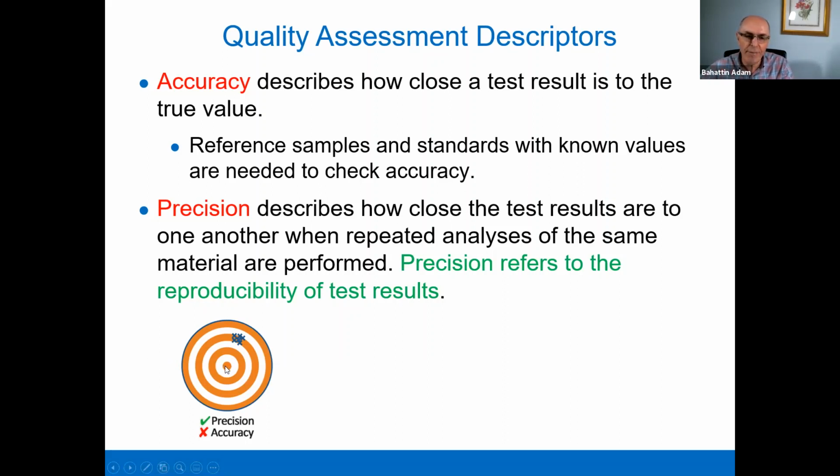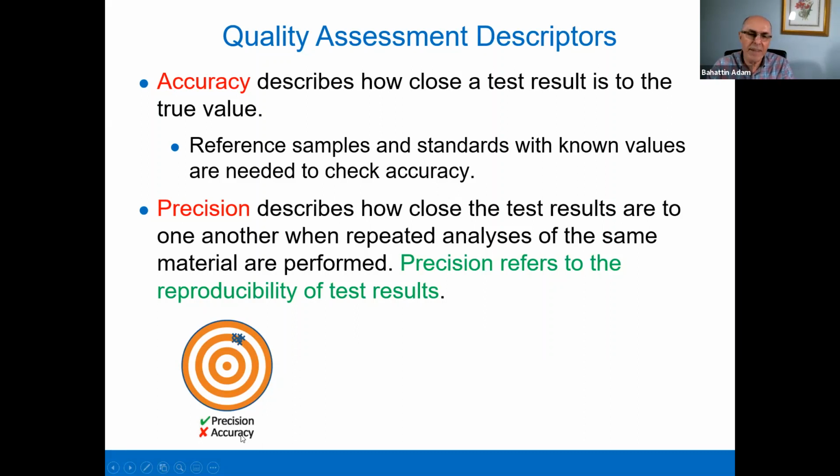If we have results here, far from the target value, that means they are not accurate, right? But the precision is okay because the results are close to each other. Precision is okay, but accuracy is not.